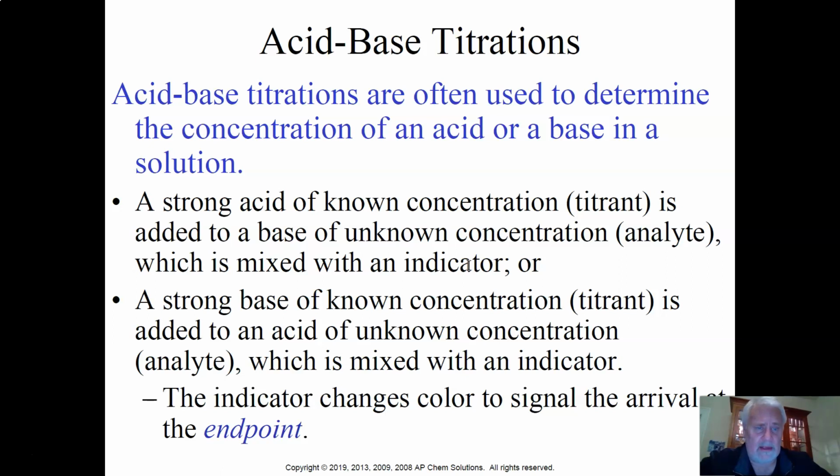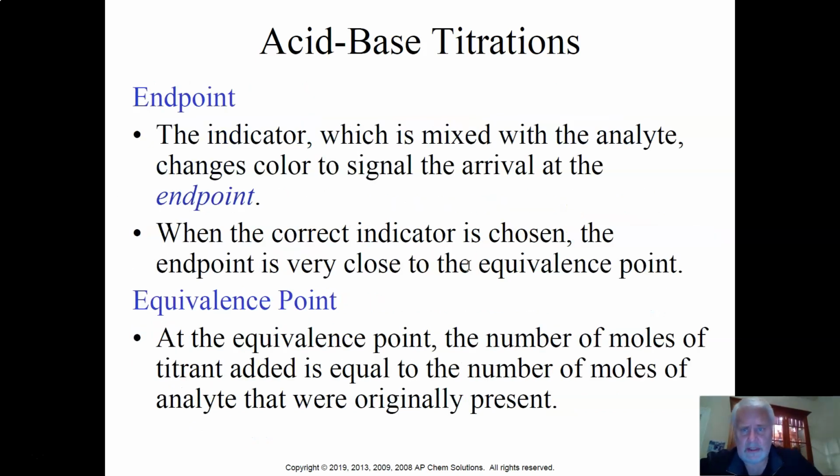Or you could have a strong base of known concentration as the titrant, and then an unknown acid concentration as the analyte. You'll pick an indicator that works well so that it changes color to signal when you're at the end point for that particular titration. The end point is defined as that point where it changes color.